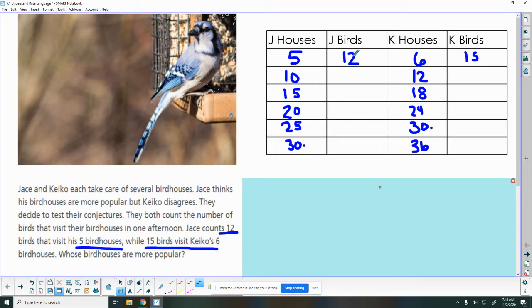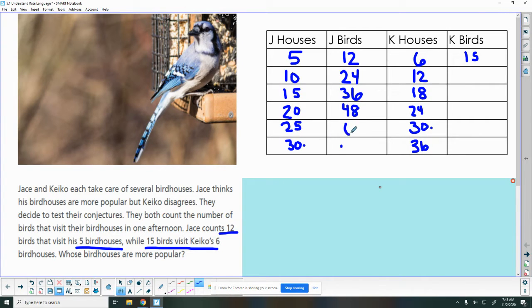So 12, 24, 36, 48, 60. Whoops, I did some very terrible math right there. I started counting by a totally different number here.